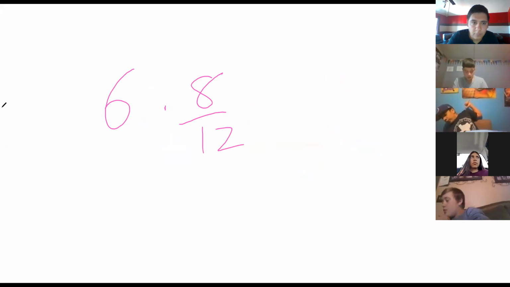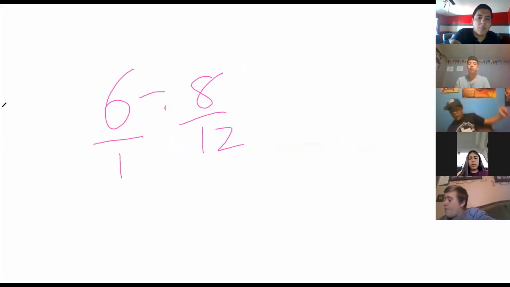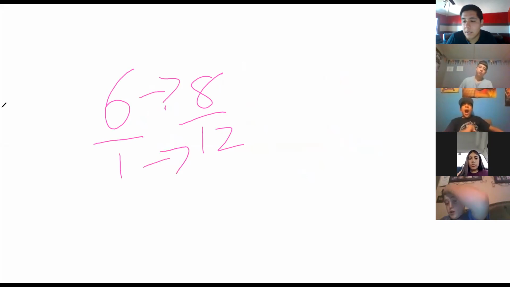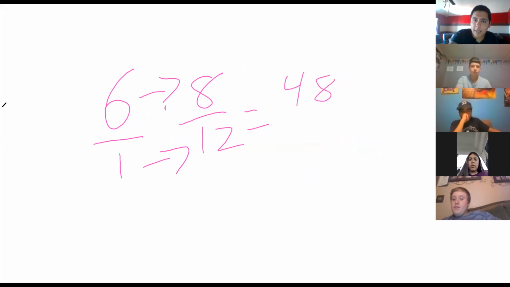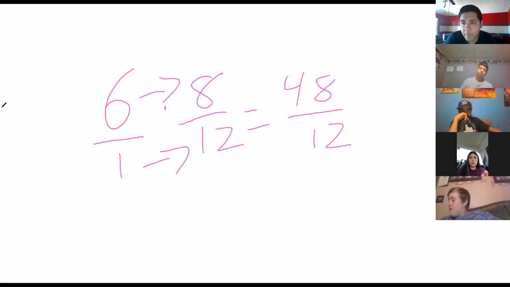Put a 1 under 6, and we multiply straight across. 6 times 8 is 48. And then 12 times 1, which is 12. Okay. Now, what can we simplify this to?